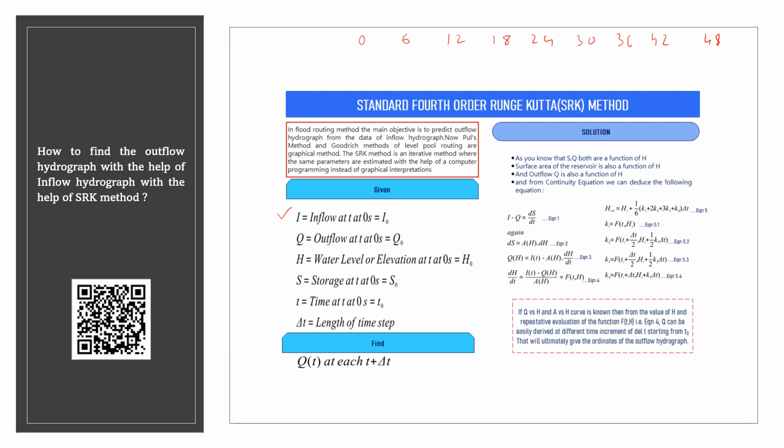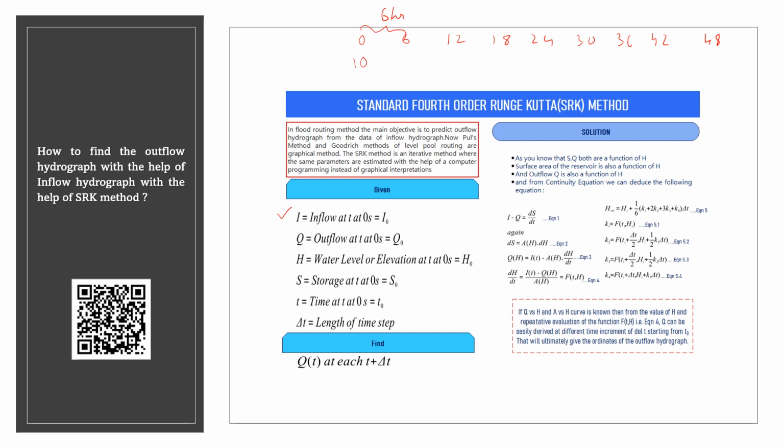So these are all in hour, and every time step, or time increment, is of 6 hours, right? And the corresponding discharge that is coming in, inflow discharge, will also be provided. The unit of the discharge will be meter cube per second.